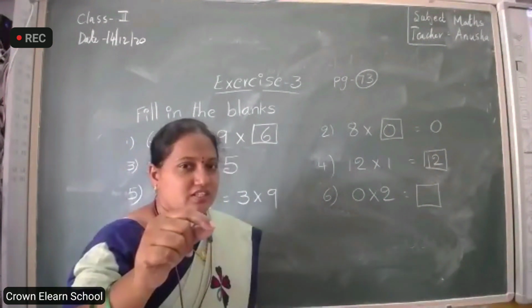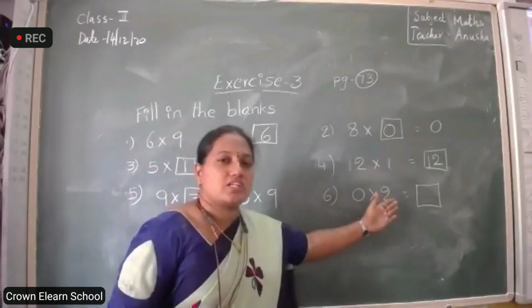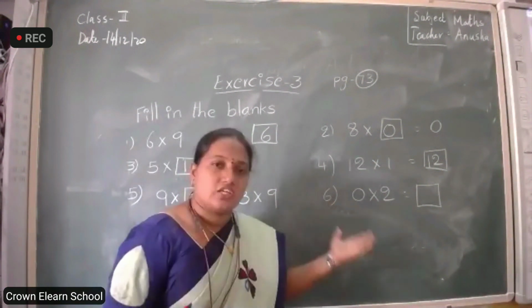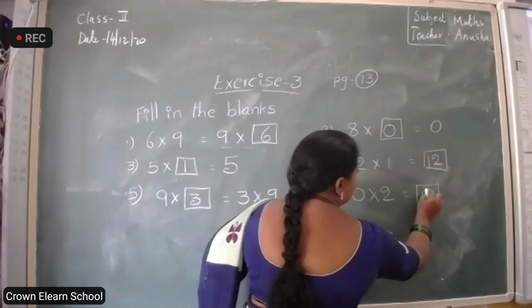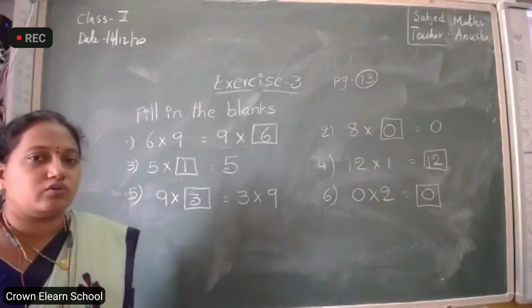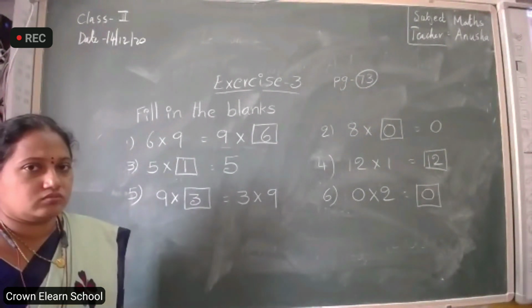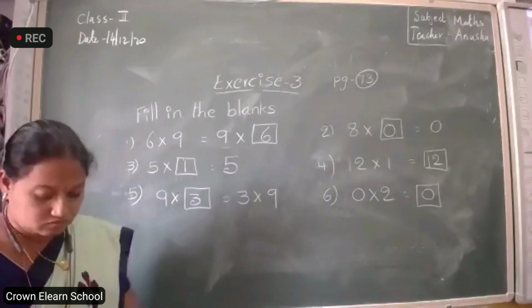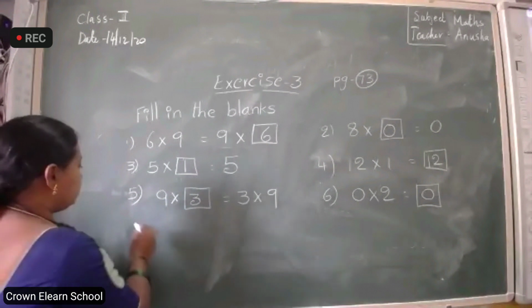If 0 is there in the question, the answer will also become 0. 0 twos are 0. 2 zeros are 0. So what is the answer? 0. Write 0.